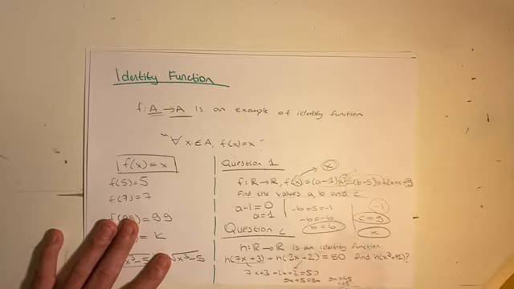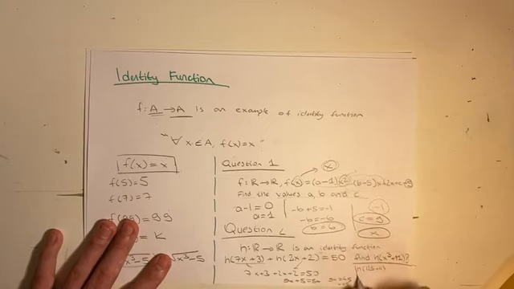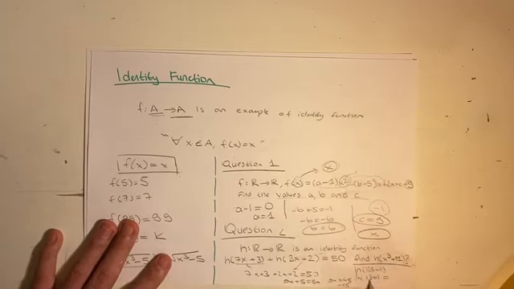X is equal to 5. Okay, so we are trying to find this. H is equal to 5 cubed is 125 plus 11, which would be 136. As it is an identity function, the value inside is equal to the value outside the range. So this is the identity function.